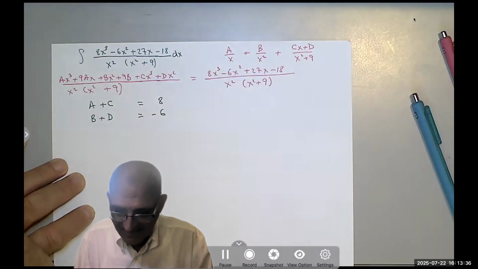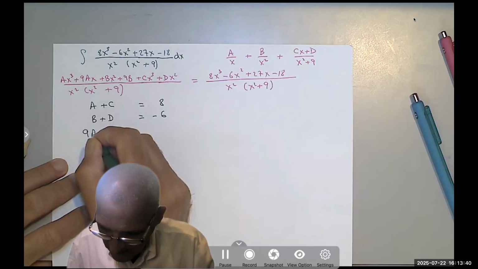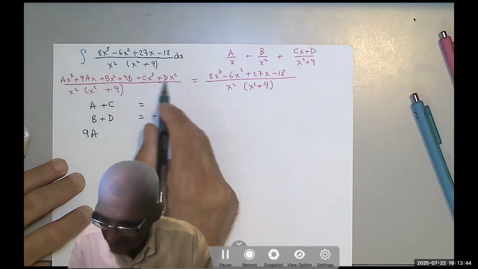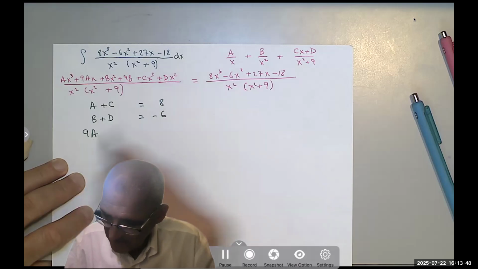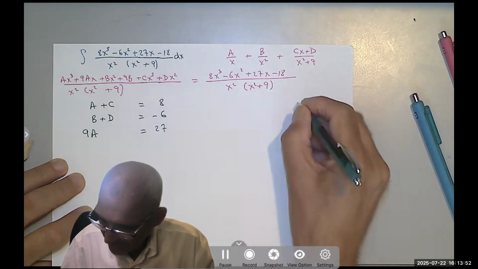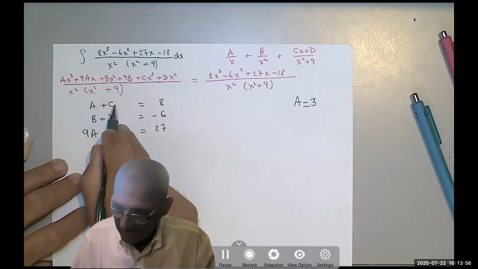Then I look at the x's. I have just 9a, right? We don't have any other x's. So 9a equals 27. I found a is 3. And if a is 3, then c is 5.